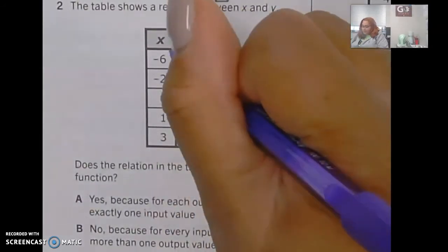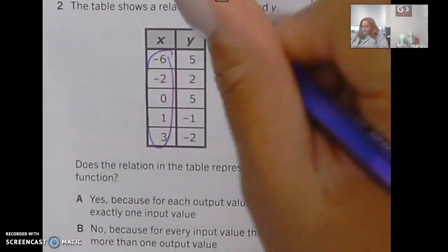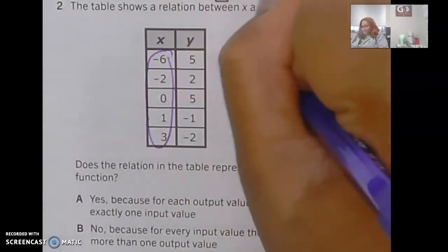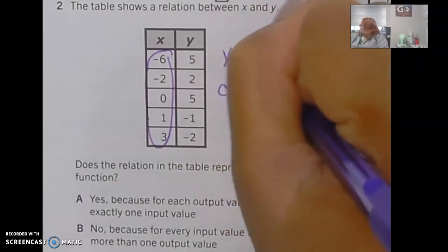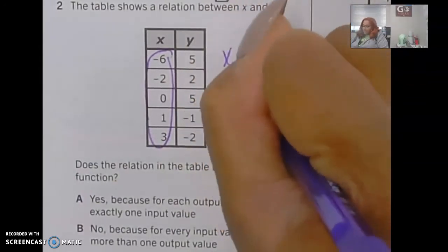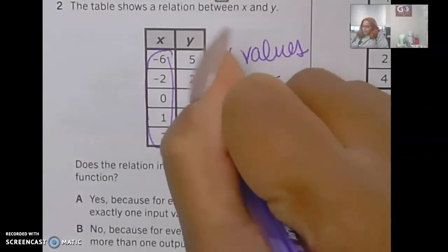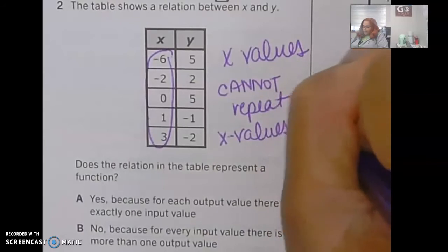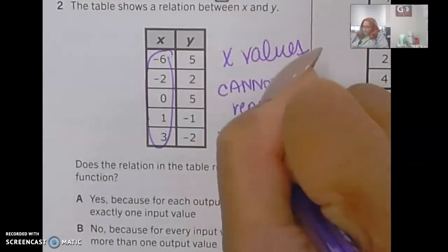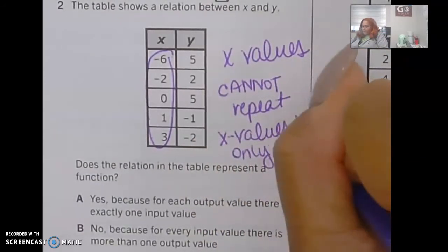I need to look at my x values. X values cannot repeat. X values have only one y value.